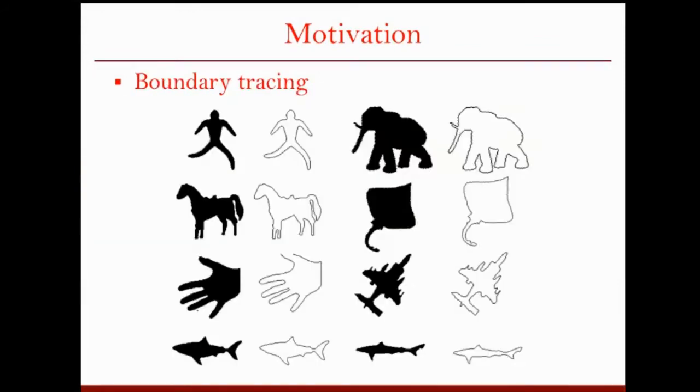There is another application where this kind of neighborhood processing or computation of neighbors will be required, and that is boundary tracing. Let's say this is the object given to us, and we want to find out what the boundary pixels are. How do we define the boundary of any object?